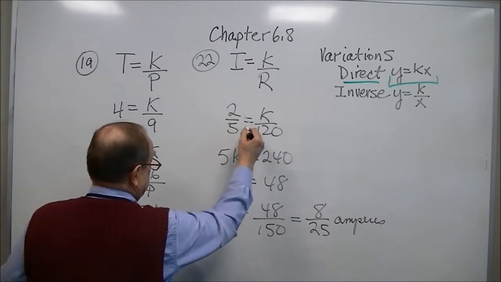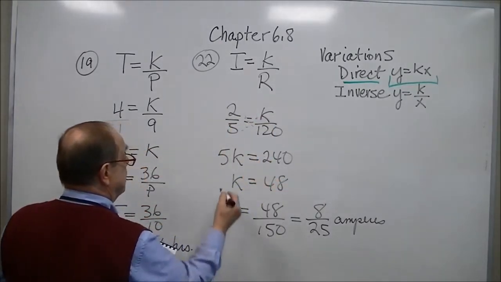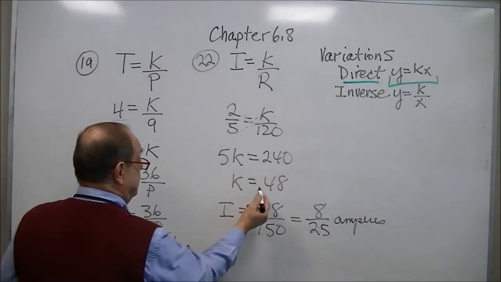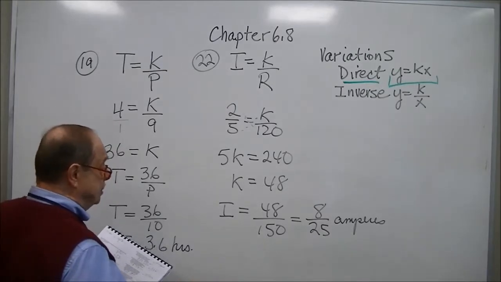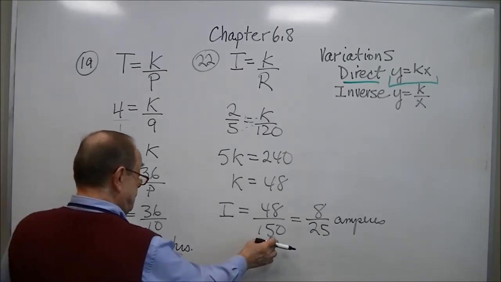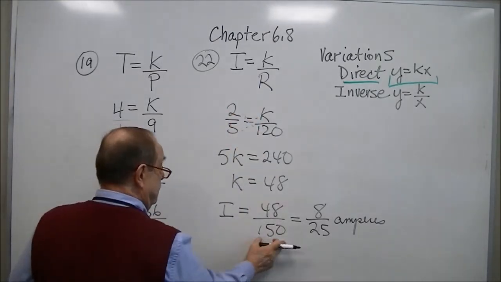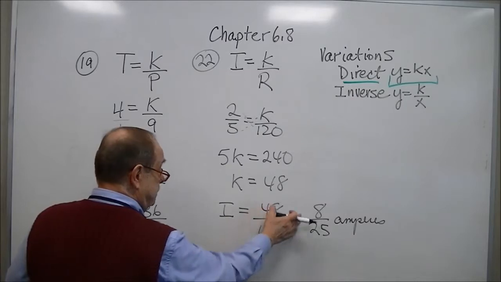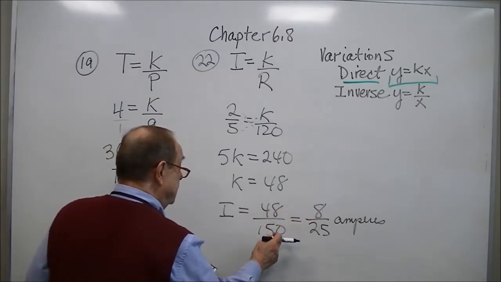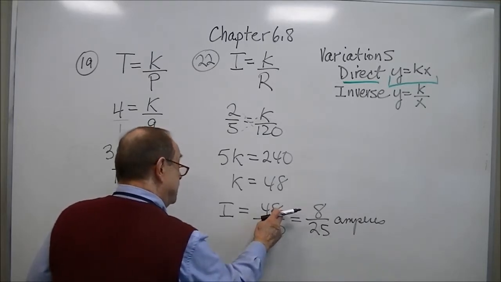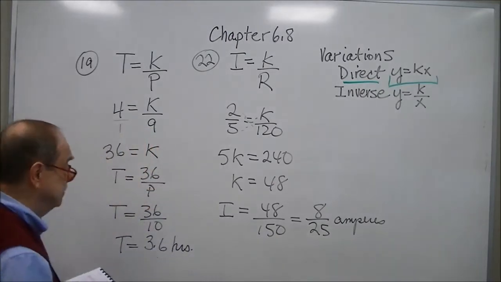So again, you would cross multiply: 5K equals 240, divide by 5, K equals 48. And then they said, what would the amperes be if your ohms, the resistance, was 150? So you replace the R with 150, and you just do your canceling out as best you can. And I believe 6 will go into there 8 times, and 6 goes into there 25 times.